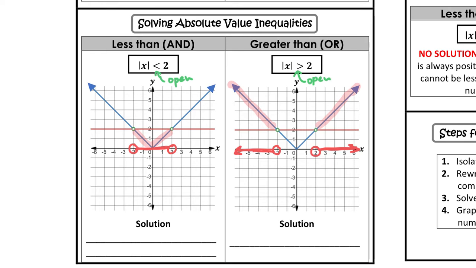Okay, so this is what this means graphically. I have two solutions here. Over here would be x greater than negative 2 and x less than 2.